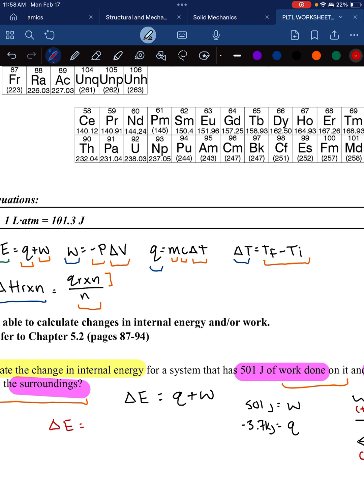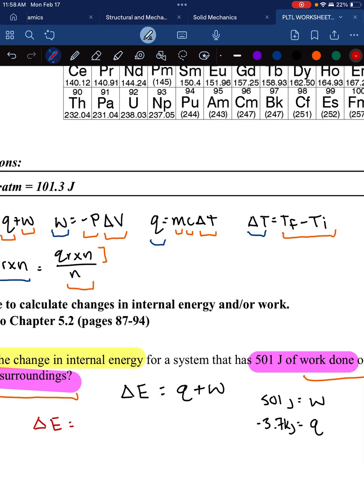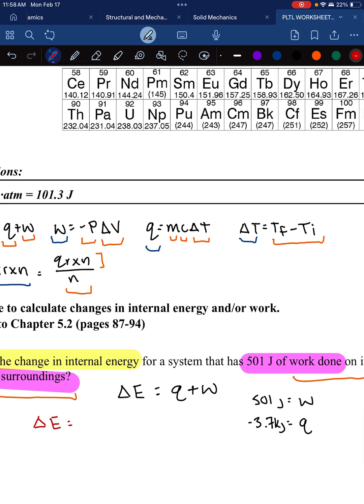One thing you'll notice is that we have a difference in units here. We have kilojoules and we have joules. When you're adding, you want the units always to be the same.